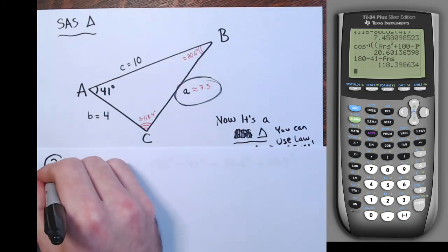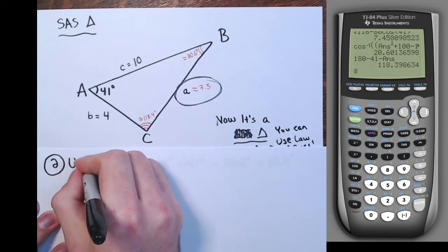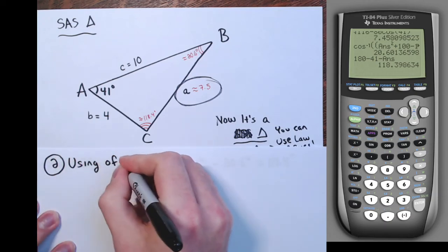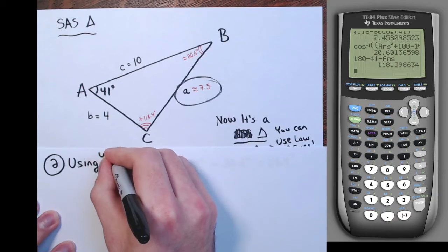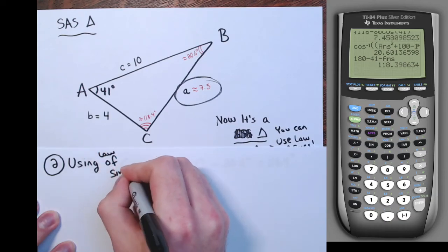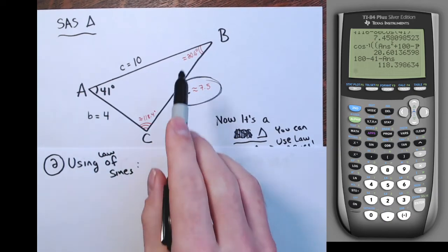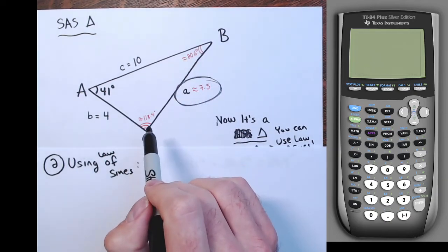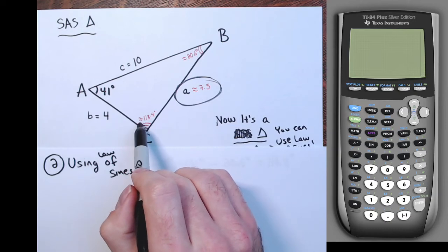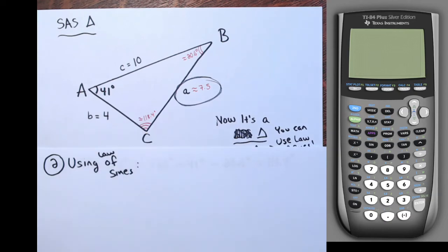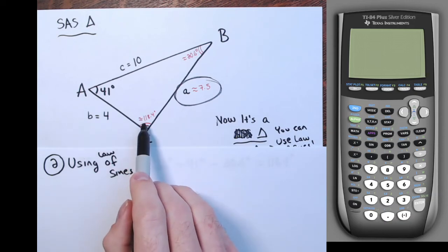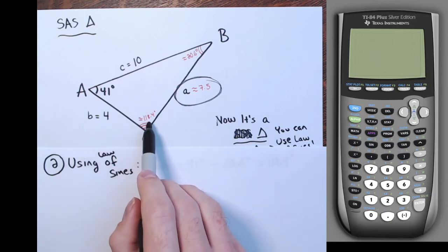So method 2, I guess, using the law of sines. I have a warning. We saw already that one of these angles was obtuse. The angle C is 118.4 degrees. If you were to use the law of sines to find angle C, you wouldn't get 118.4.